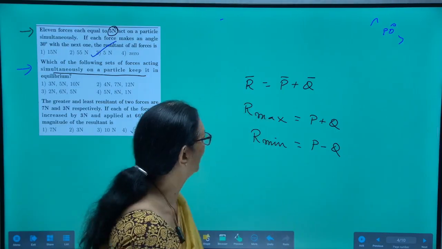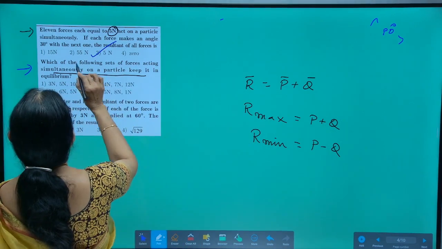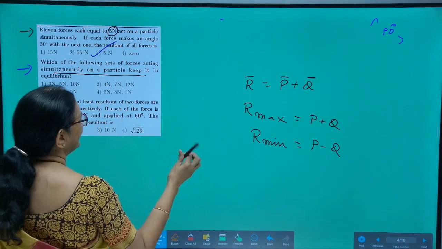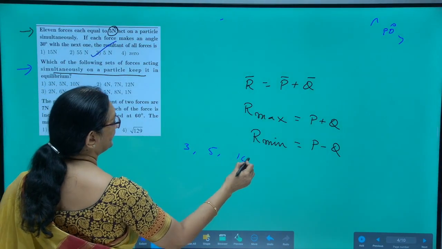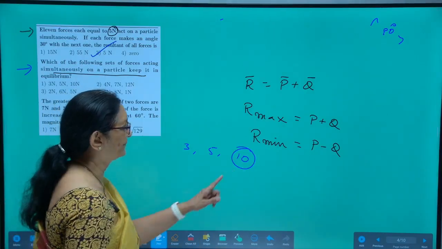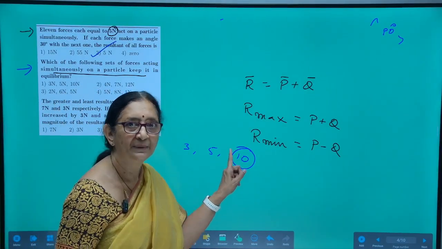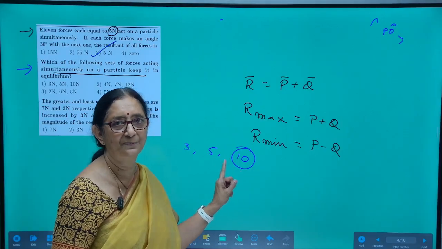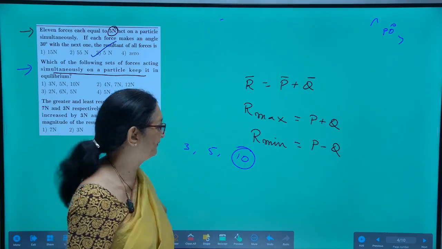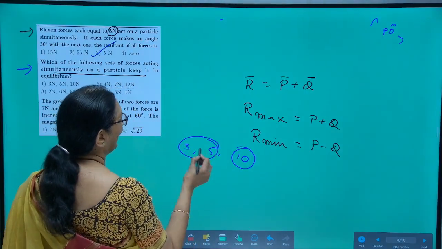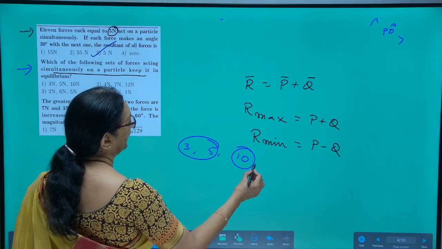Okay? So, here the first set is given as 3, 5 and 10. Suppose this becomes the equilibrant, its magnitude must be less than their sum and greater than their difference. But here the sum is 8, and 10 is greater than it.